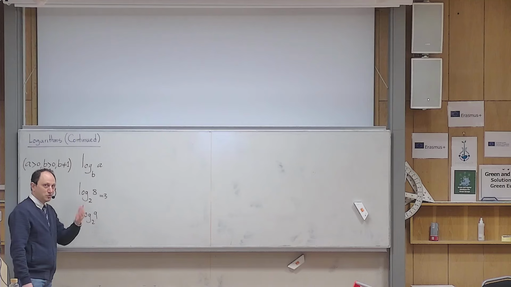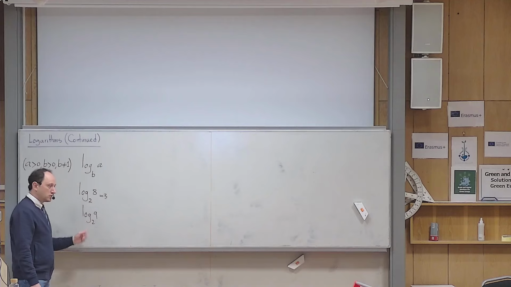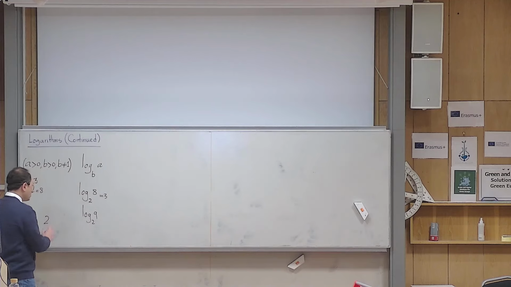So it's not a complicated thing. It's just giving you an English sentence. This is the only number so that when I raise 2 to that number, the answer becomes 9. Yes? So that's the definition of logarithm.